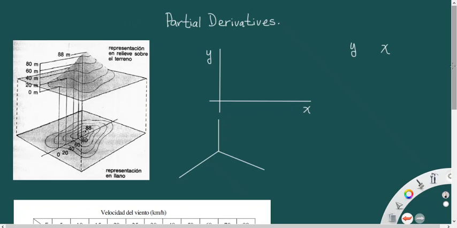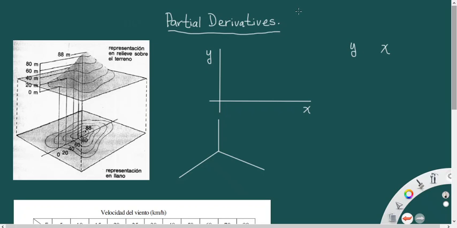Okay, let's work a new topic. The new topic is going to be partial derivatives, and this is the continuation of your past lessons.